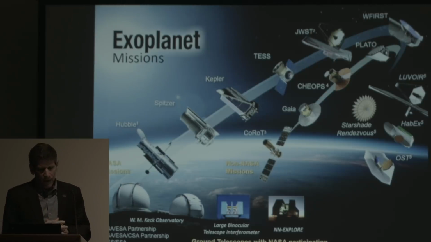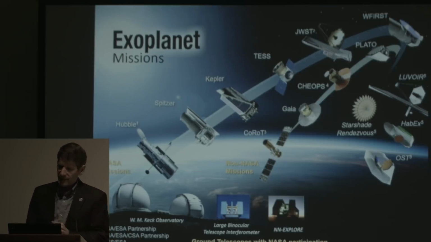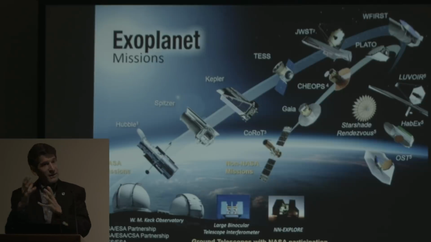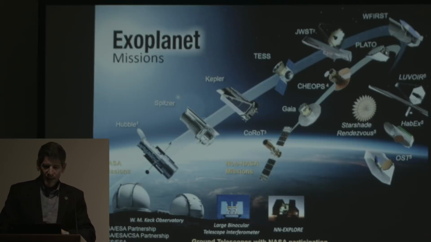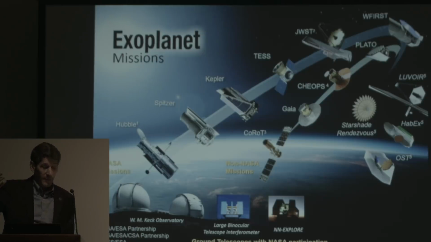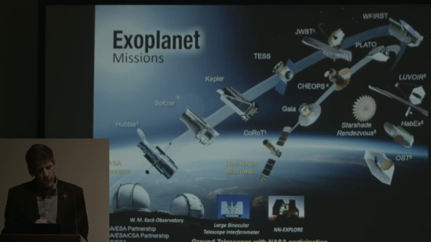Kepler, which has been this tremendous workhorse in detecting exoplanets via the transiting technique. The next mission that's flying now is TESS, that you're going to hear about from my colleague from NASA shortly. And then we hope to launch the James Webb Space Telescope in a couple of years. And then further out is a mission called WFIRST, the Wide Field Infrared Survey Telescope. And I'll talk more in detail about that.